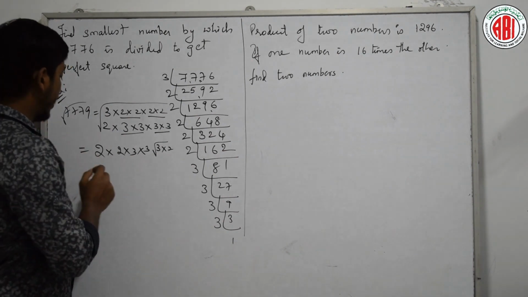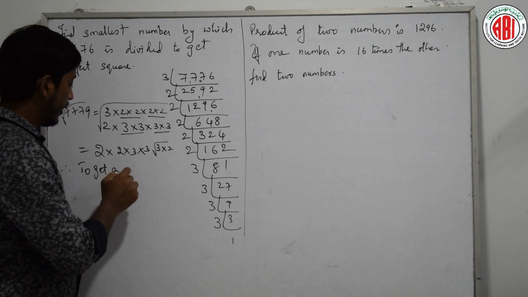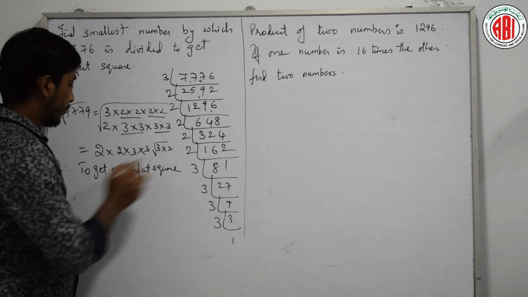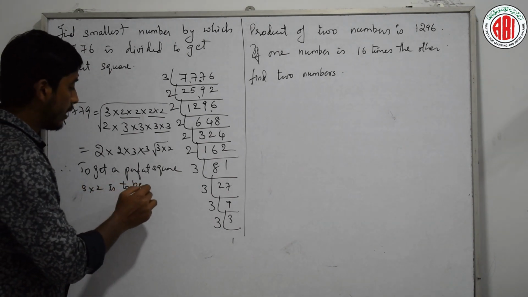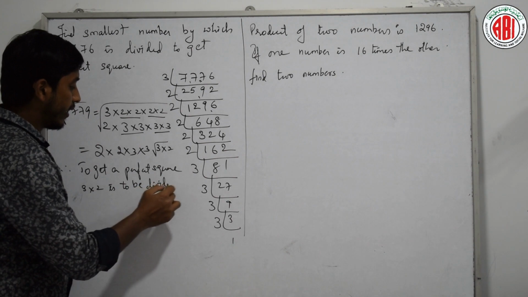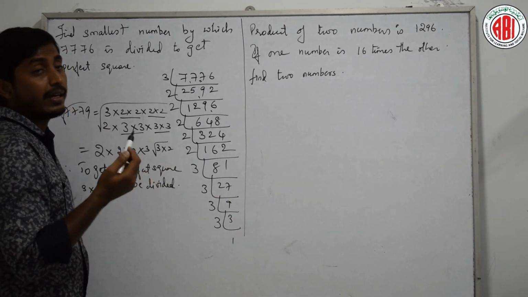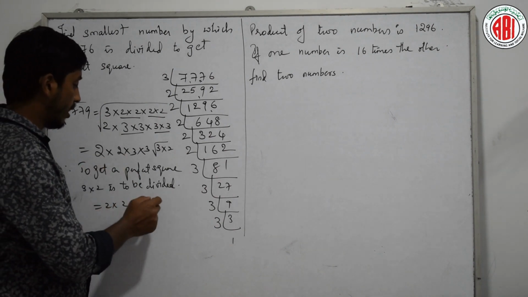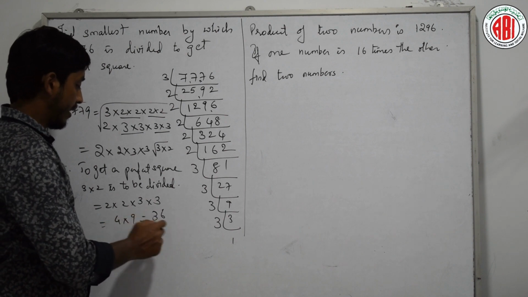Therefore, to get a perfect square, 3 into 2 is to be divided. That is, we have to divide by 6. What numbers are left now? 2 into 2 into 3 into 3, that is 2 2s are 4, 3 3s are 9, that is 36.